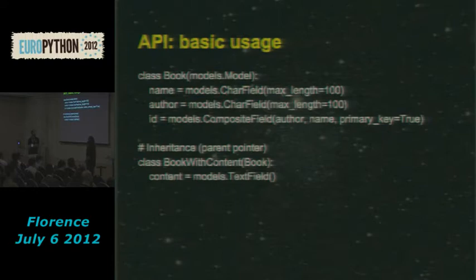The second example shows that this should work with all the usual stuff you are used to with Django. So if you create a concrete subclass of this book model, it should work. Here the book with content model should contain a one-to-one field pointing to book. This should work automatically.